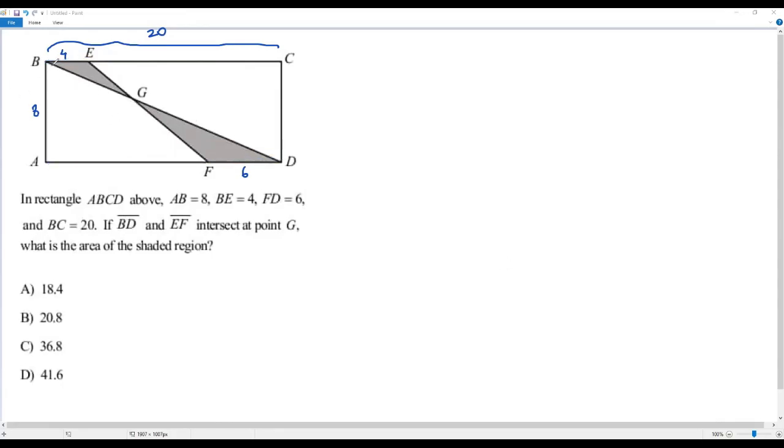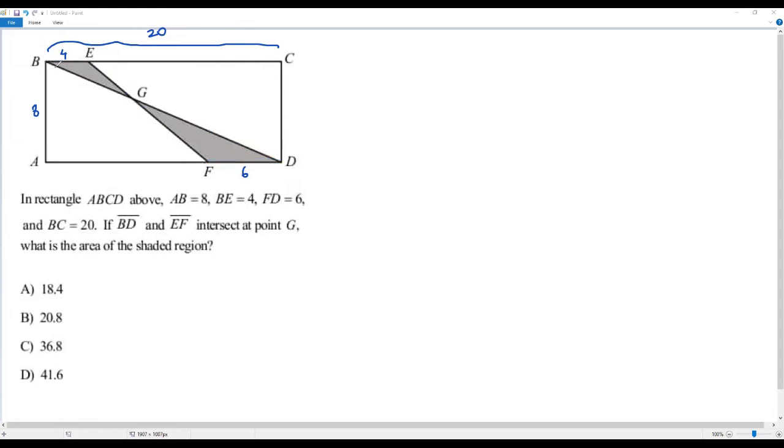Now let's consider the triangle BGE over here. For this triangle, we can consider this line segment BE as the base because we have the length for this side of the triangle, BE. And also for this triangle DGF over here, we can consider FD as a base because we have the length for this side of the triangle, FD.